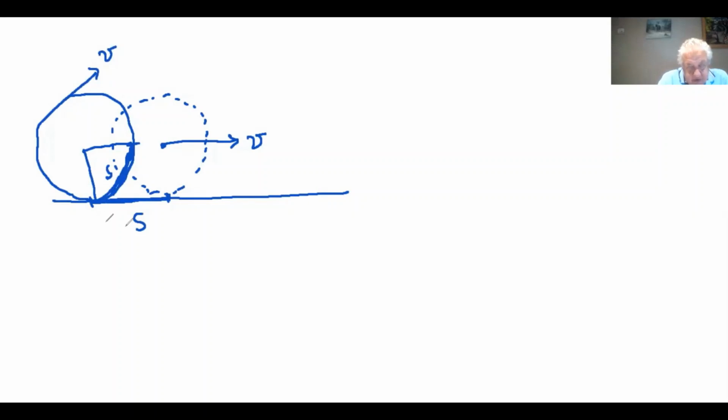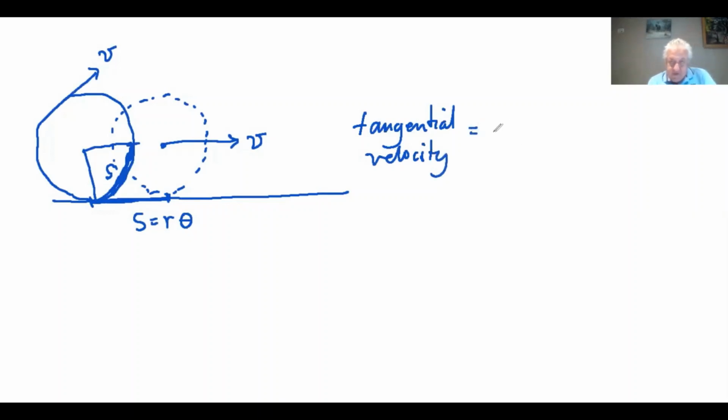Now what we want to show is that the tangential velocity is equal to the linear velocity. Now this distance, by the formula for arc length, is just r theta. And my tangential velocity is the tutorial that you would have done before.